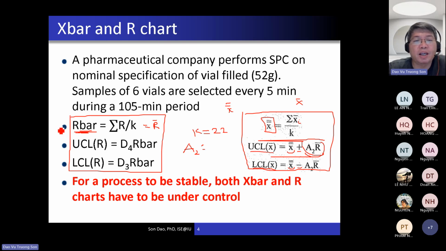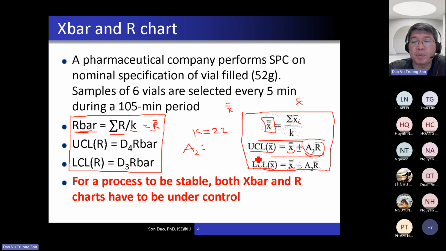Range is the difference between the maximum value and the minimum value. We sum all of the differences between the maximum and minimum value in each subgroup, and divide by the total number of subgroups, K, which is 22. So we can get R bar and plug it into the equation for X bar.